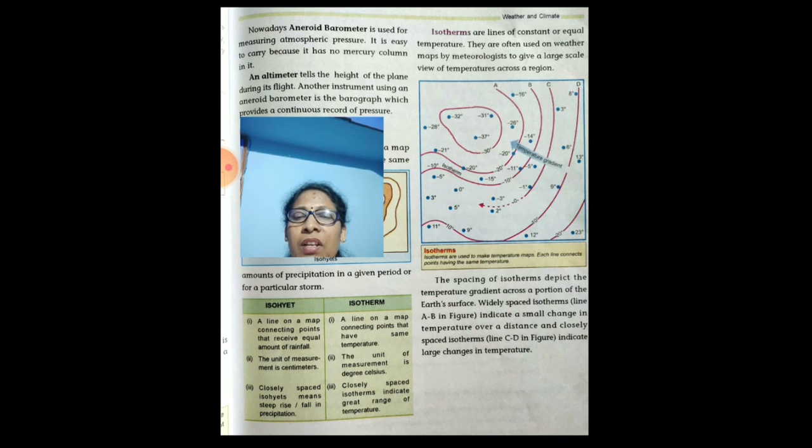The second one, the unit of measurement is centimeters. Here the unit of measurement is degree Celsius. Closely spaced isohyets mean steep rise or fall in precipitation, whereas closely spaced isotherms indicate great range of temperature.